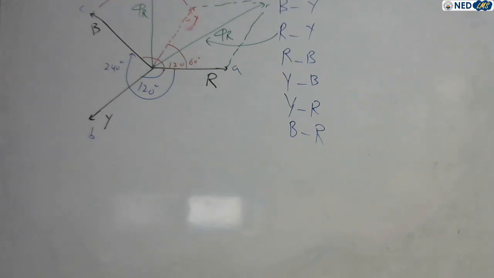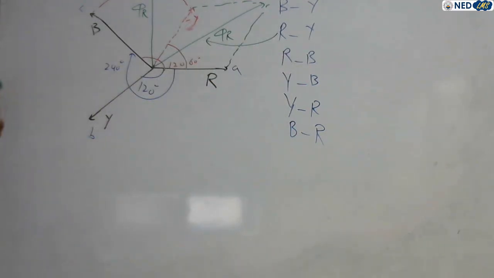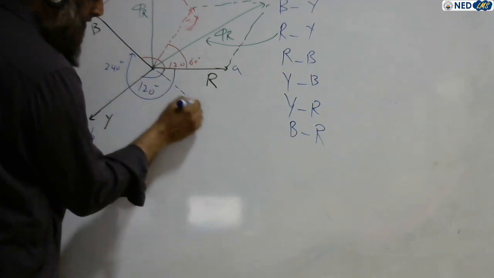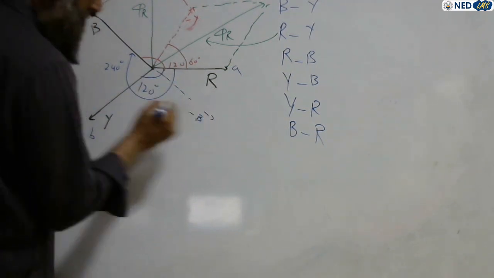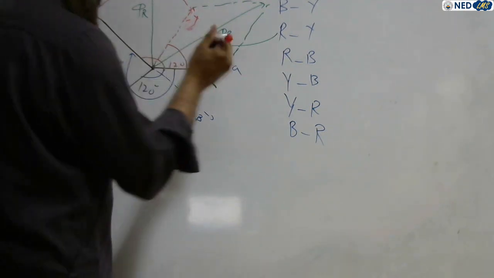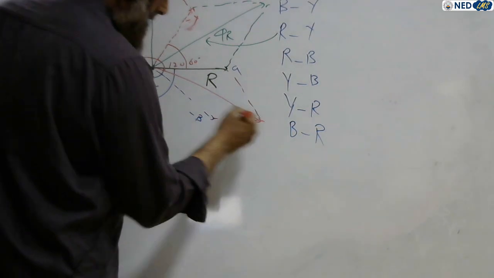Now in the next phase you have to add red minus blue. So you draw the blue negative vector, exactly opposite, this is minus blue, and you add minus blue and red. When you add up these two, your resultant vector comes over here.